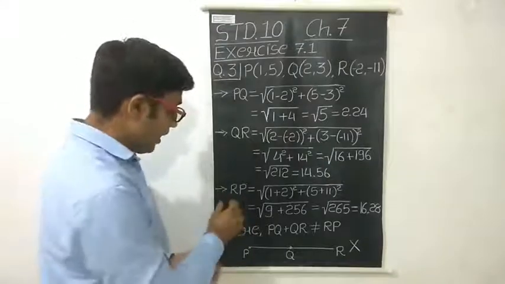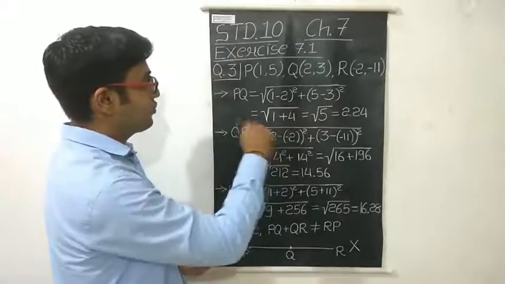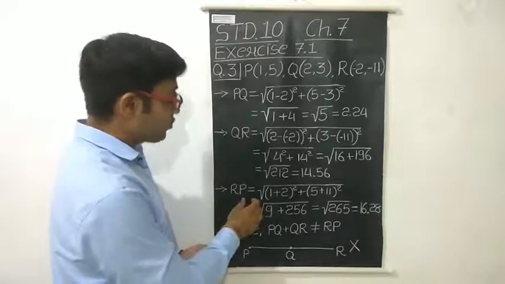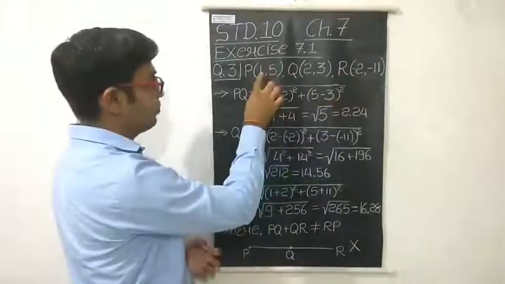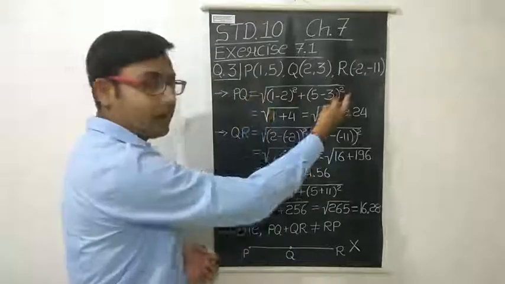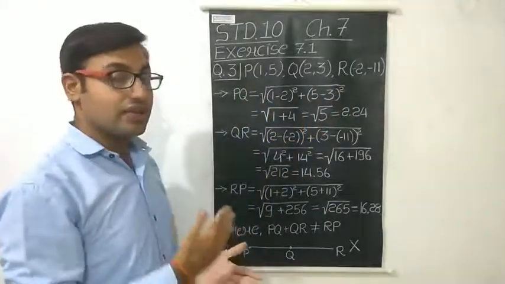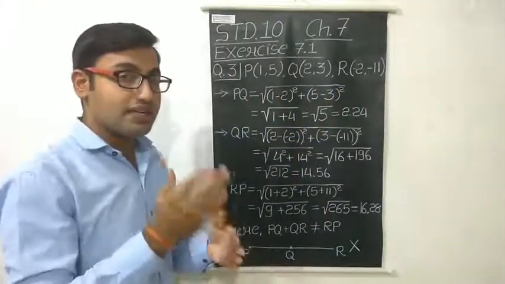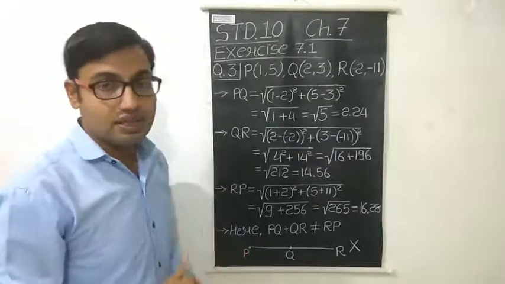Now find the value of RP, the third point and first point. RP is equal to minus 2 minus 1, or we can also take PR, because we know that (x1 minus x2) square is equal to (x2 minus x1) square.